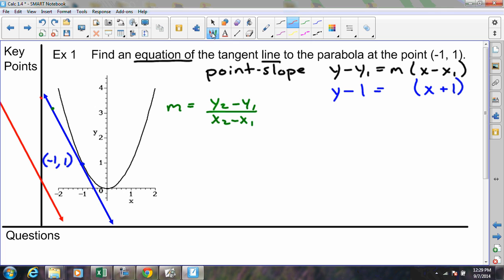I'm sorry, let me switch the colors. I could pick a line that's all the way out here, and it doesn't work very well. But if I start taking a line that goes through this point and over to this x coordinate, and start switching it over so that it's closer and then closer, you can see that the closer this gets to the matching x coordinates, the closer the slope is getting.